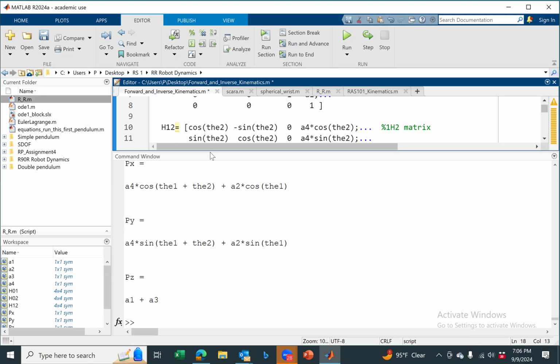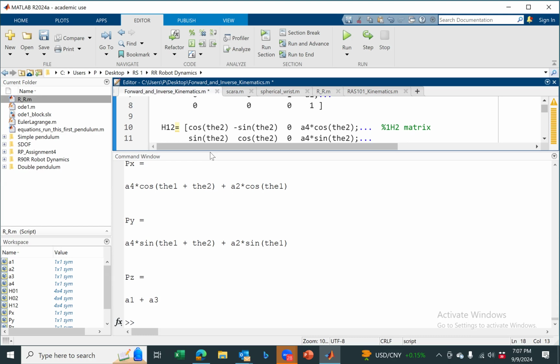So I'm going to substitute two angles. Maybe a theta 1 is equal to 0, theta 2 is equal to 35 degrees or anything. Plug those values in these expressions, get Px, Py, Pz. Then I will take those Px, Py, Pz, send it to the solution and try to find out theta 1 and theta 2.